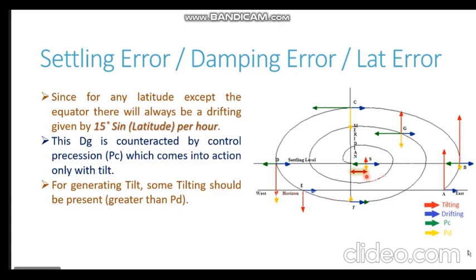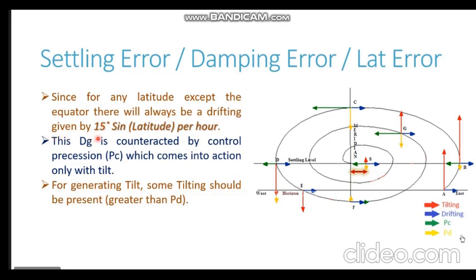Now let's try to understand the cause of this damping error. We are aware that for any particular latitude except the equator, there will always be some amount of drifting. We are aware of the drifting formula.